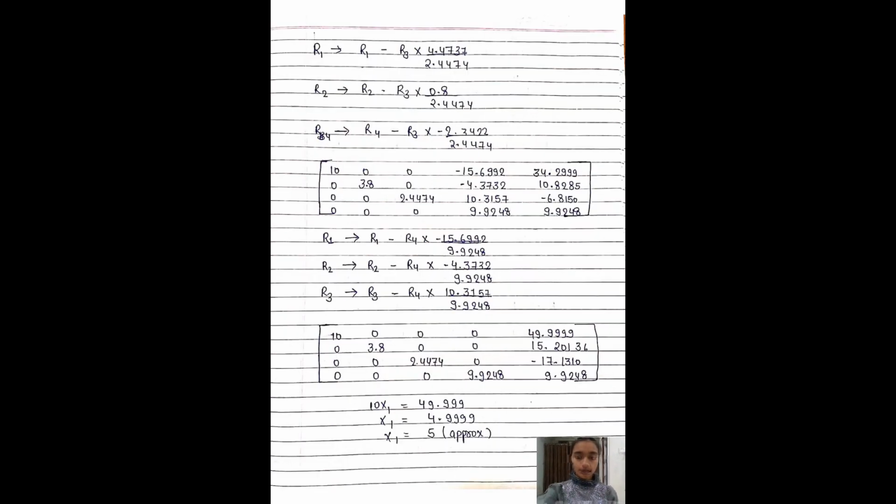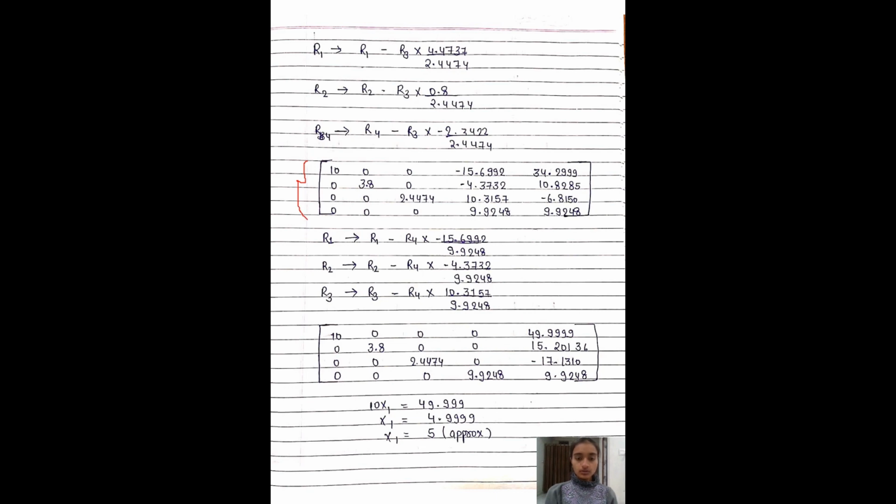Again, here R1 is R1 minus R3 multiplied by 4.4737 divided by 2.4474. And R2 is R2 minus R3 multiplied by 0.8 divided by 2.4474. And R4 is R4 minus R3 multiplied by minus 2.3422 divided by 2.4474. After applying all these operations, we got this matrix.